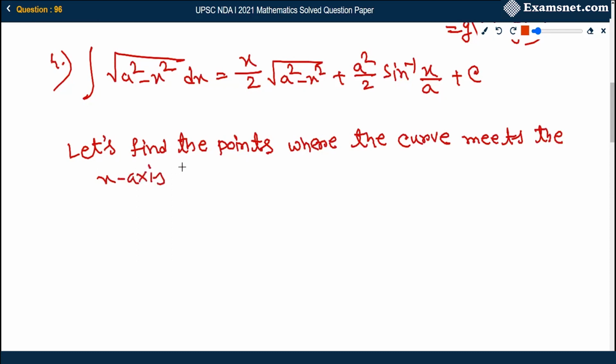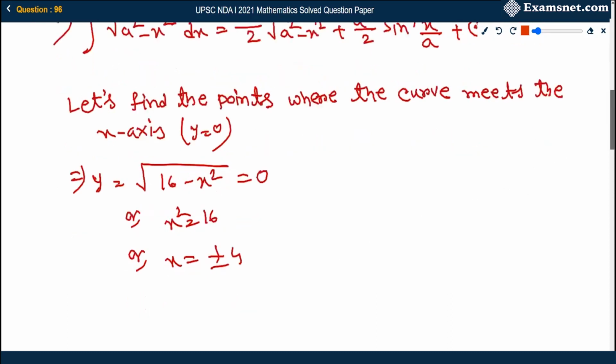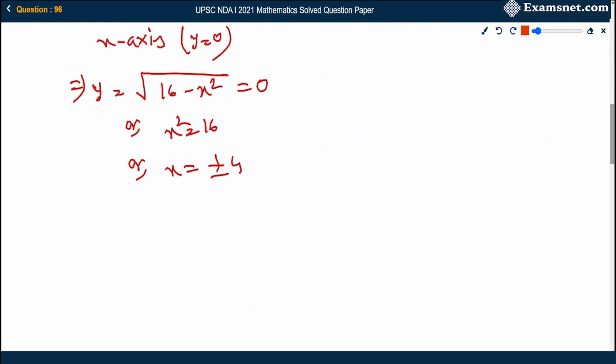That means on those points y will be 0. So we will make y 0 to get the value of x. So here y equals 16 minus x square equals 0, or x square equals 16, or x equals plus minus 4. Correct?